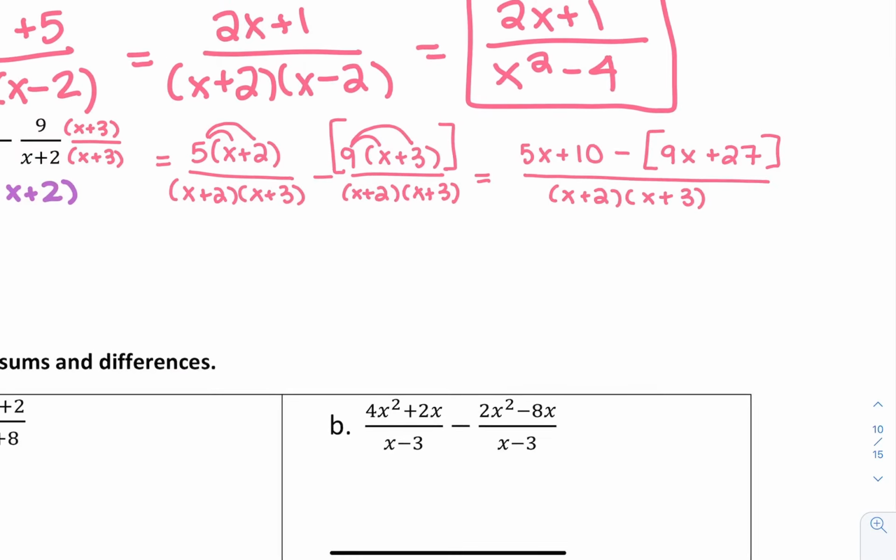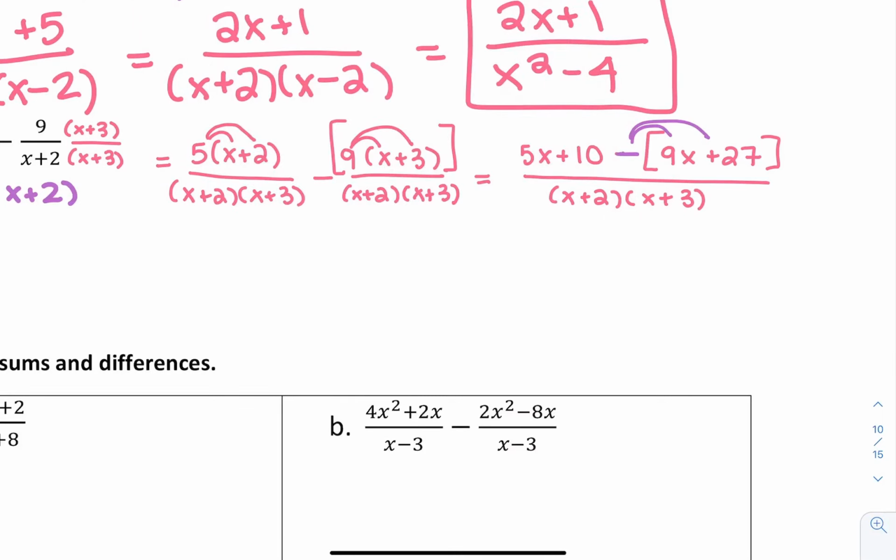Now I'm going to distribute this minus sign to both of these terms. So I'm going to rewrite this as 5x plus 10 minus 9x minus 27 all over x plus 2 times x plus 3. Last step, I'm going to combine like terms and multiply out my denominator.